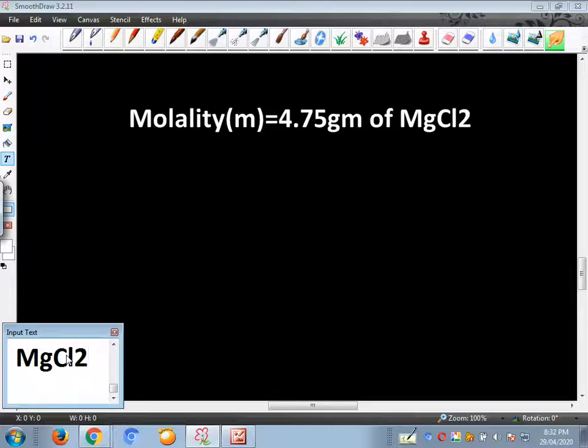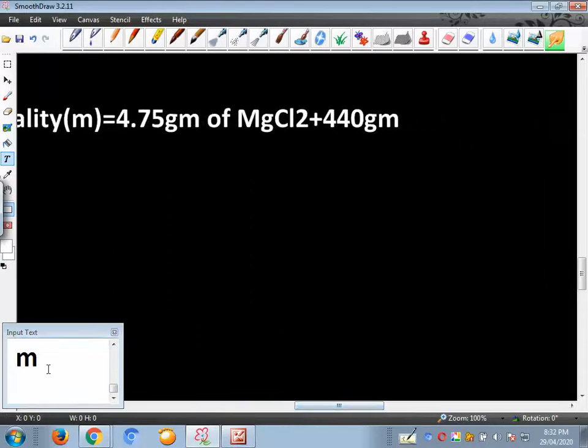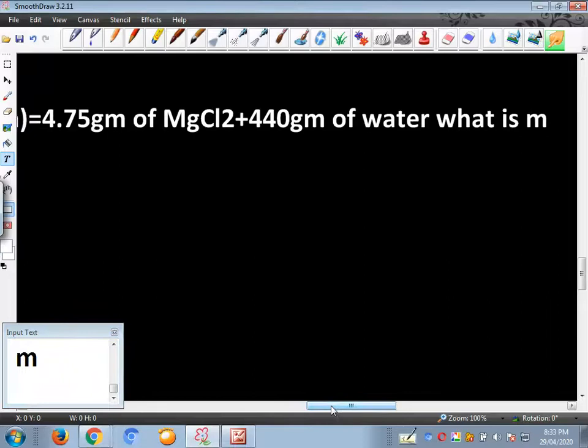So students, here it is not in kilograms, it is grams. What is its molality? This is the question for you.